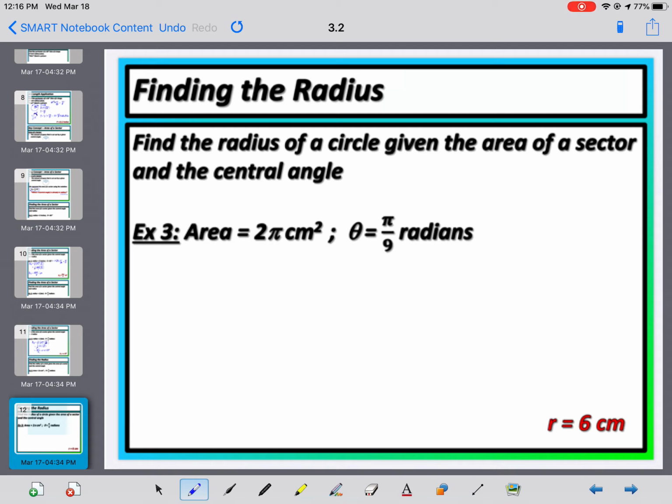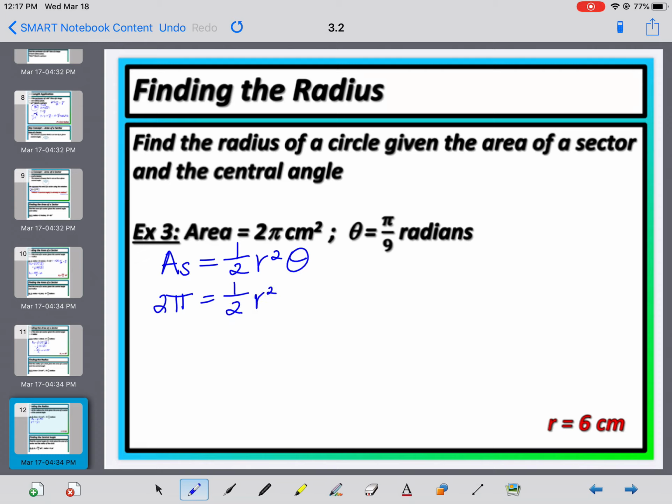Okay, so now working backwards a little bit, you're being asked to find the radius given the area and the central angle. So using our formula, we now have 2 pi given to us as the value of our A sub s. I first want to multiply on the right side. So 1/2 times pi over 9 is pi over 18.